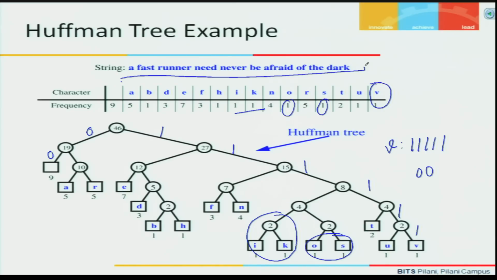If we have different types of prefix codes, then obviously we are interested in finding the code which is best. Best in the sense that it uses the least number of bits, so the number of bits required to represent the text is small.